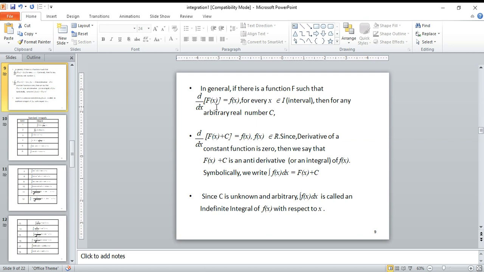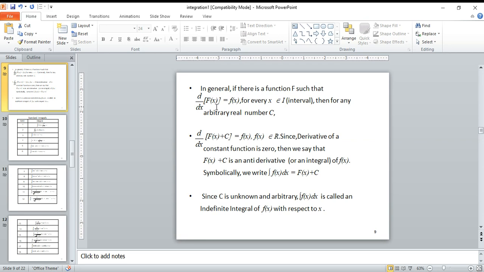So in the first point, f of x equals integration of F of x equals integration of f of x plus c. In the second point, taking d by dx to the right side, F of x plus c equals integration f of x dx. So the integration of f of x dx gives these values. That's why we always take integration f of x dx equal to capital F of x plus c.